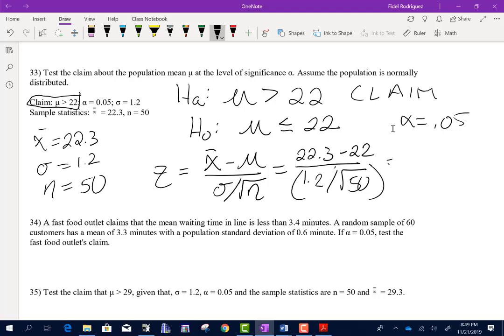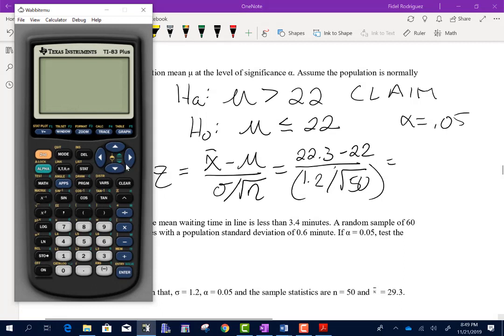I'm just going to grab my calculator, turn it on, clear it out. 22.3 minus 22, divided by, and I'm going to put all this in parentheses, 1.2 divided by the square root of 50, and close it.